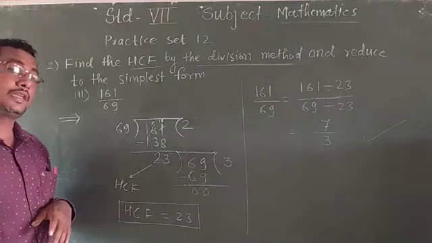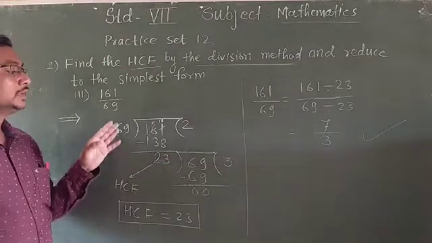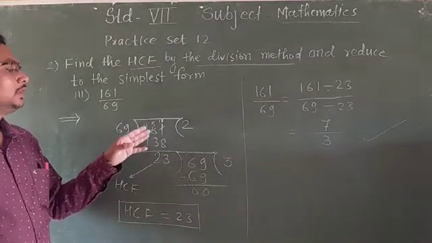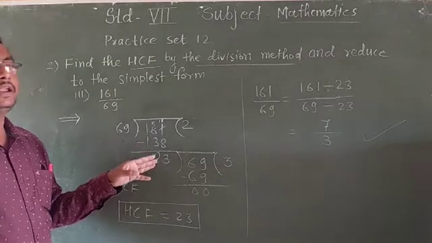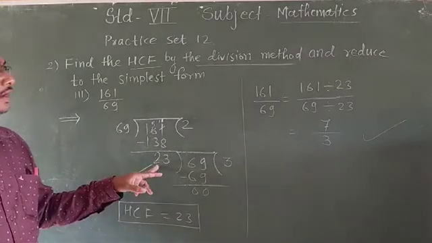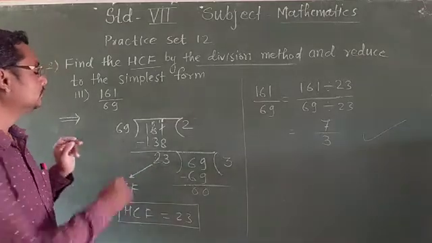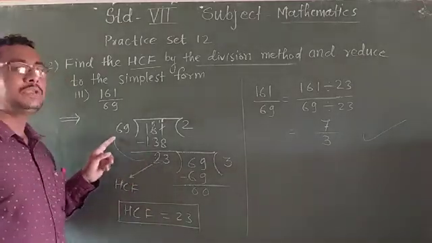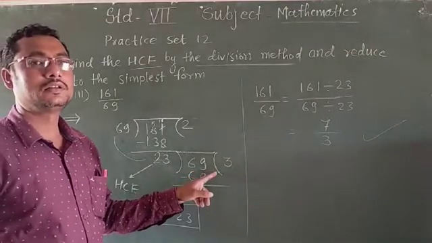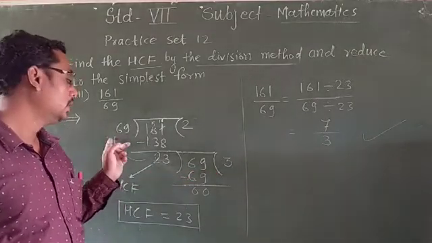First step. Okay, then after that whatever remainder we get here, that remainder becomes a divisor and the previous divisor becomes a dividend.